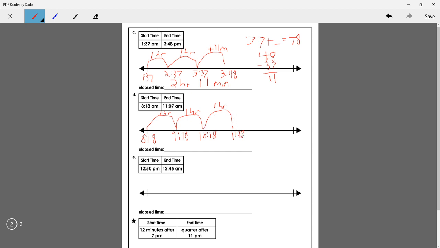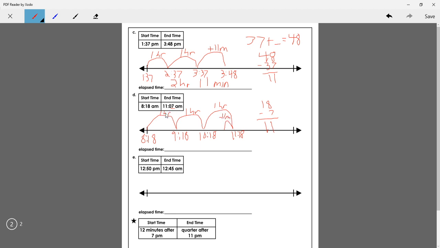Now, if we go to 11:18 and then do 18 minus 7, because it's 11:07, so that is 11 minutes. So 18 minus 7 is 11, and that means that we would have to hop back minus 11 minutes, okay?